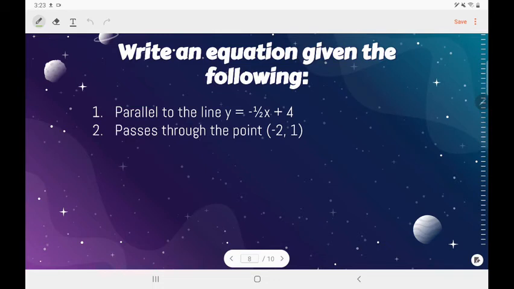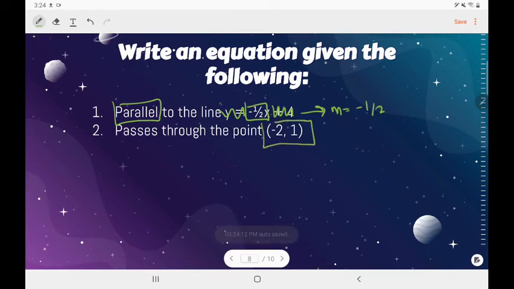Let's try another parallel. So again, I notice that it's parallel. The only thing I ever care about in the equation is the slope. So negative 1/2. Hey, what slope am I going to use for my new line? The same. I want it to be parallel. Negative 1/2. My point is negative 2, 1.